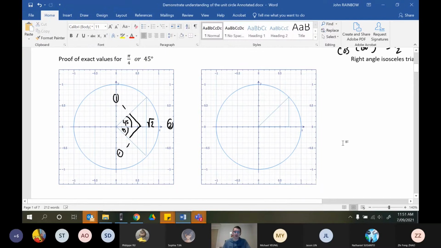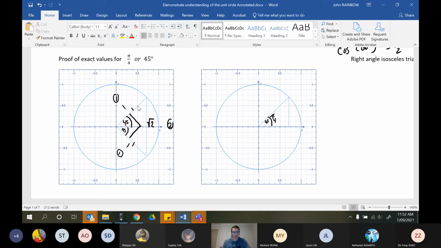Okay, if we split this in half, what do we now know? Well, we know that this is going to be 45 degrees. 45 degrees is the same thing as pi on 4 as well. Oh, sorry, we forgot to do something here. If this is 45, 45, this is an isosceles triangle.